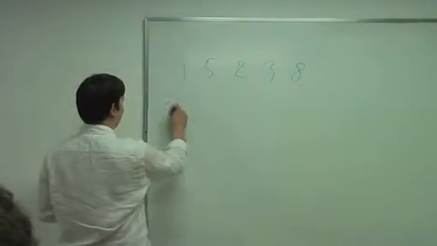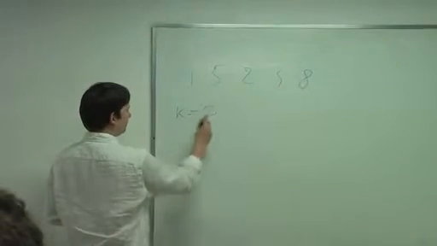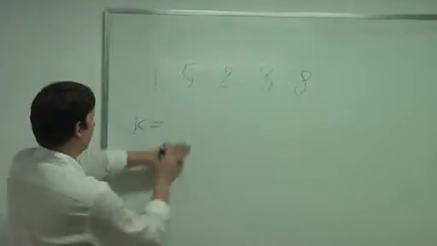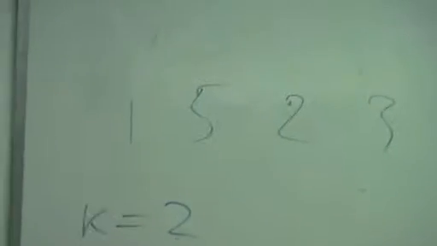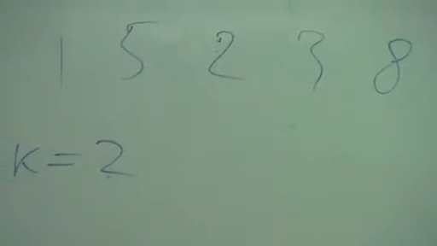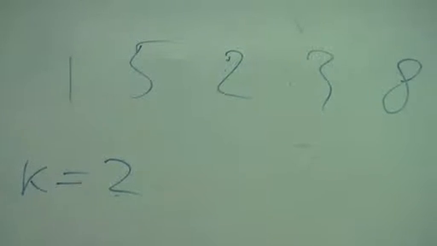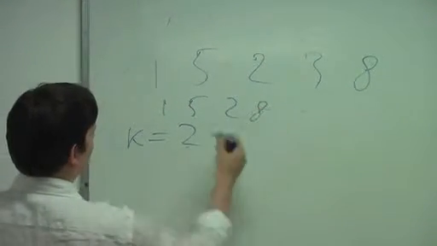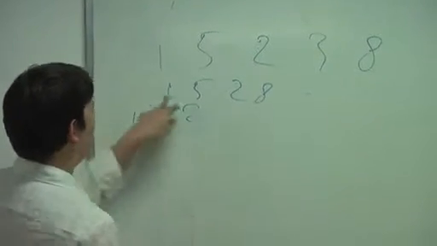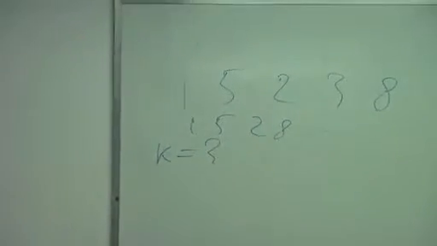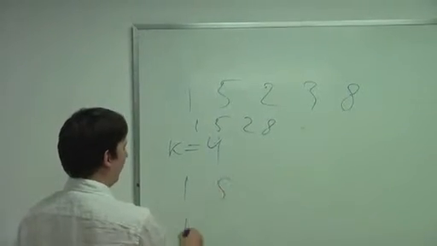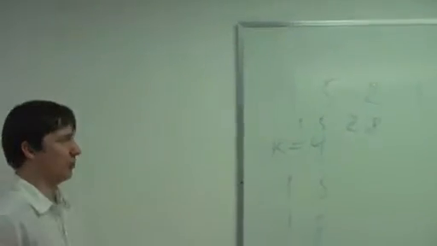So if k equals, I don't know, 2, then the longest subsequence where each two adjacent numbers differ by at least 2 would be 1, 5, 2, 8. And even with 3, it will still be 1, 5, 2, 8. And with 4, it will be 1, 5, maybe, or 1, 8. The maximum length will be just 2.